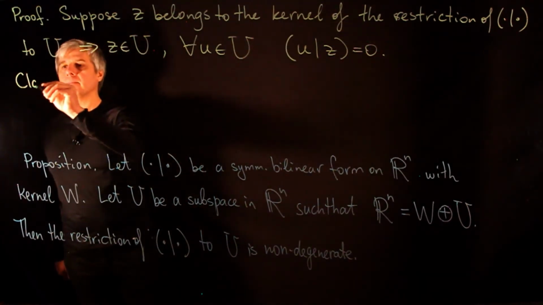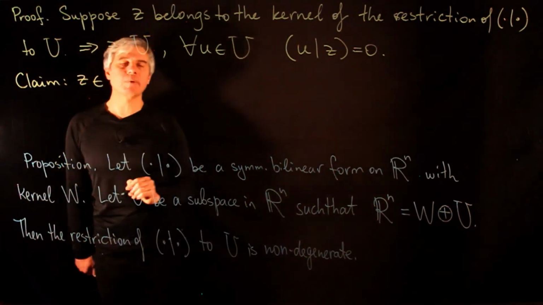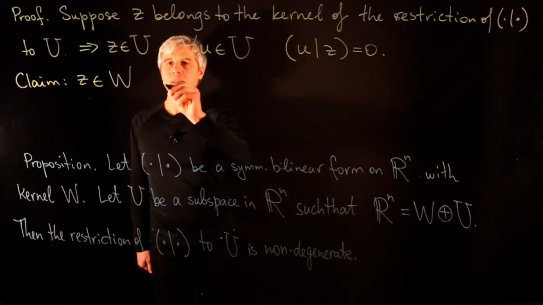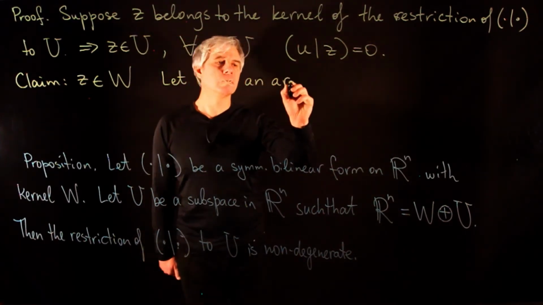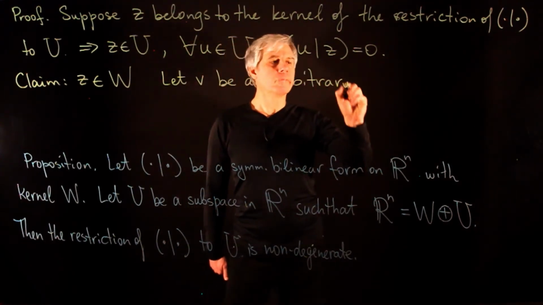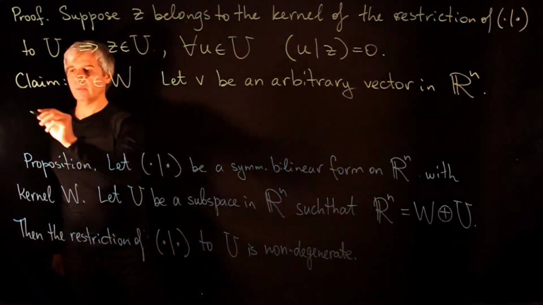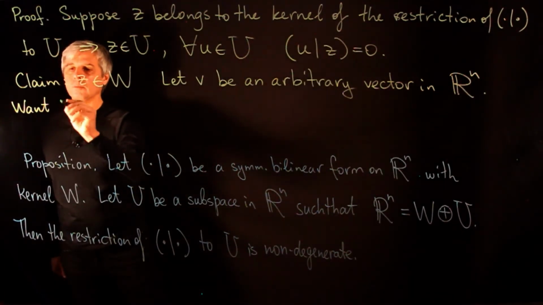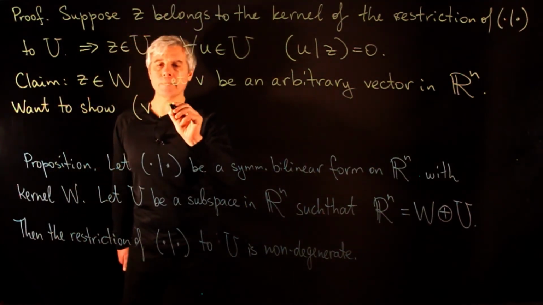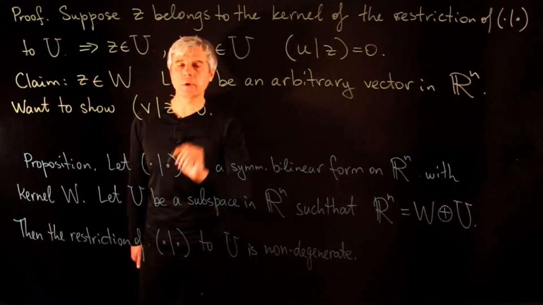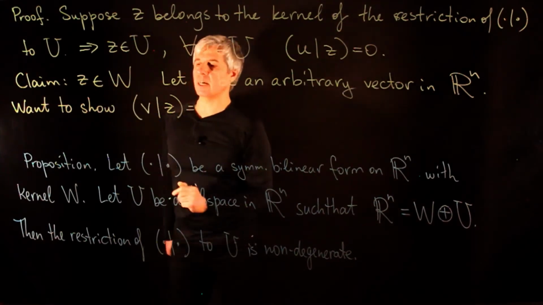We claim that this vector must belong to the kernel of the bilinear form, W. Indeed, let v be an arbitrary vector in Rn. We want to show that the value of the bilinear form of v with z is equal to 0. So this will mean that z belongs to the kernel of the bilinear form, so it's in W.